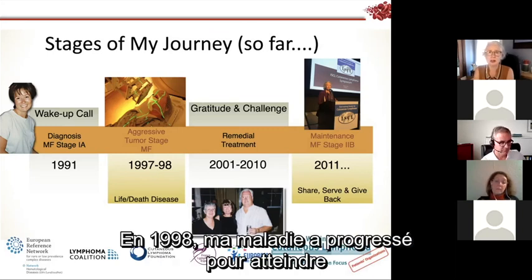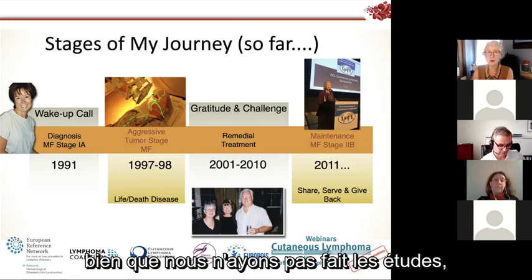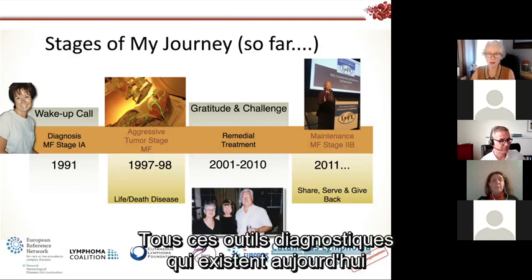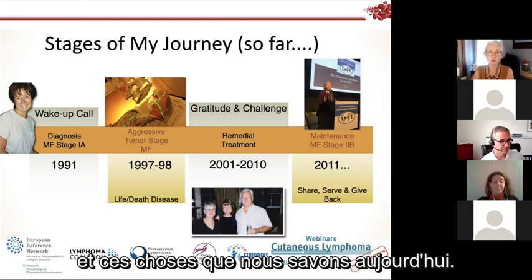And by 1998, my disease had progressed to what we call tumor stage mycosis fungoides. Although, again, we weren't doing a lot of the studies and the additional biopsies. We didn't have back in that time all of the diagnostic tools that we have today that would point to some of these different markers and things that we know now.